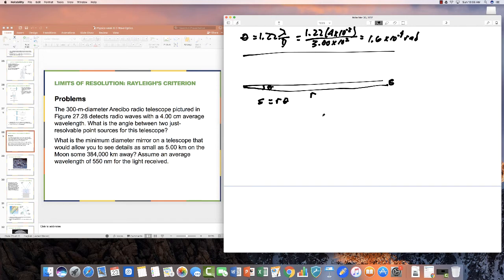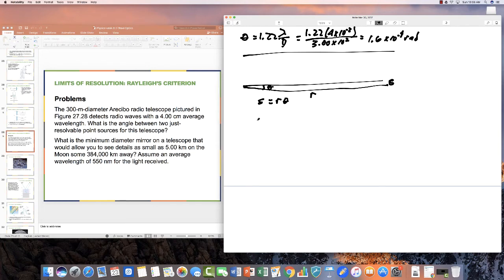And so the question here is, what is the minimum diameter of a mirror on a telescope that would allow you to see details as small as 5 kilometers on the moon that's 384,000 kilometers away? Assume an average wavelength of 550 nanometers.